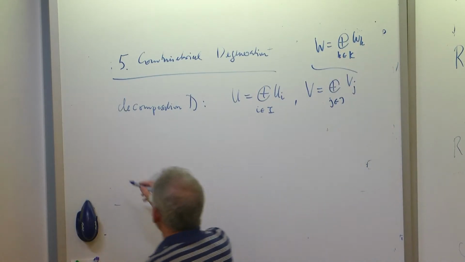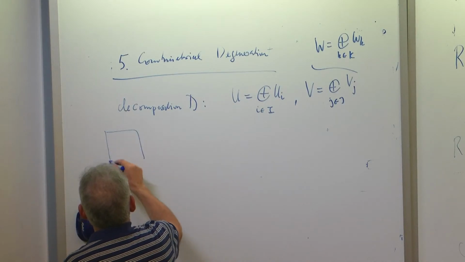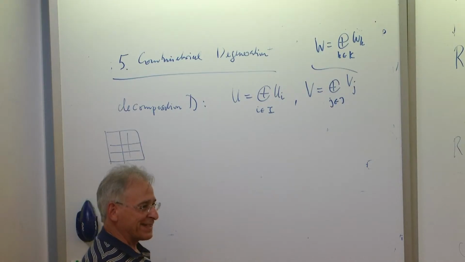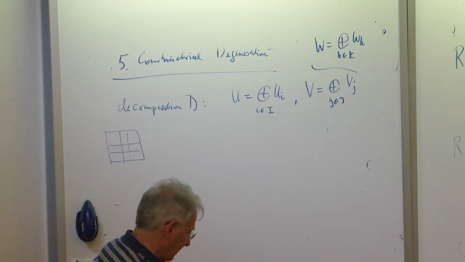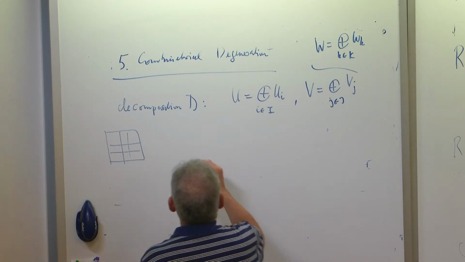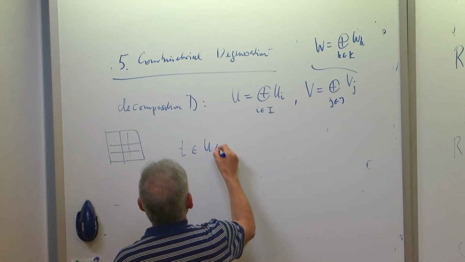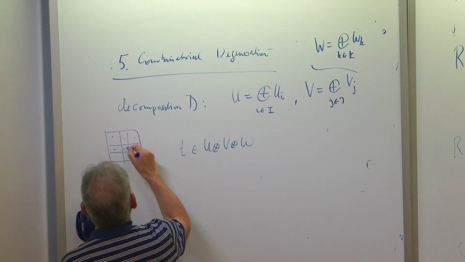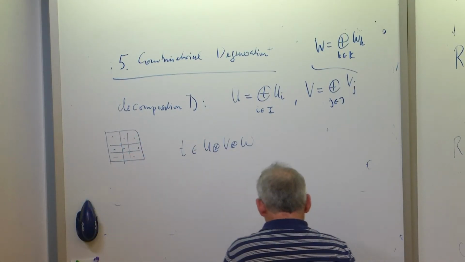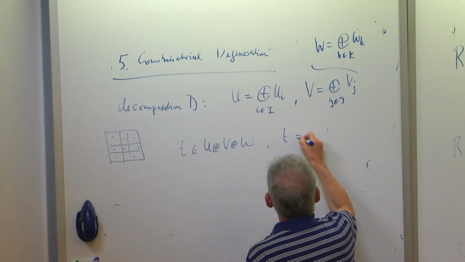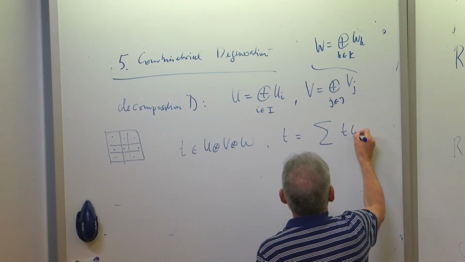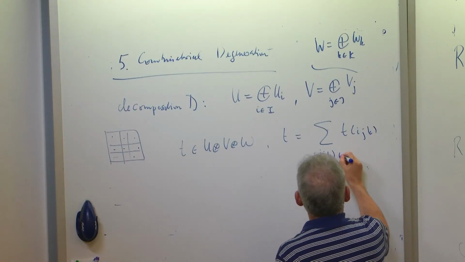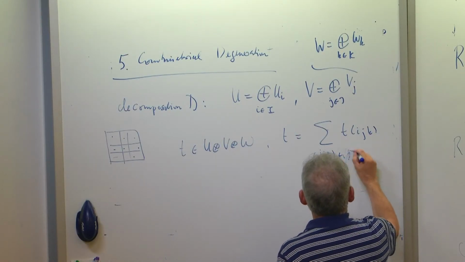And then the idea is, I don't want to draw it 3-dimensional, but I have a 2-dimensional block decomposition. And then my tensor T, which lives here, has something in all of these blocks. So you can actually write T as a sum of Tijk over this index set.